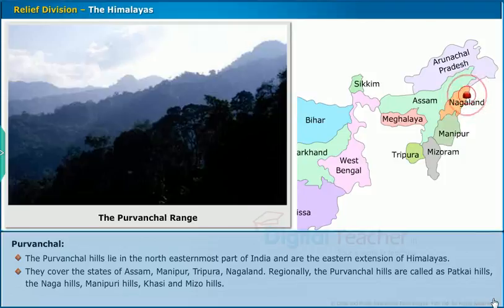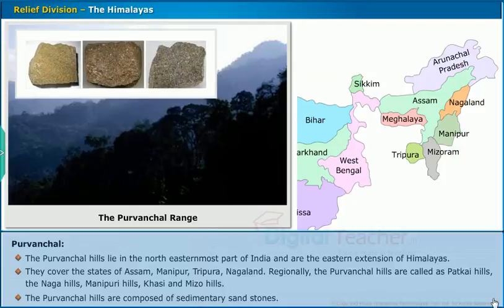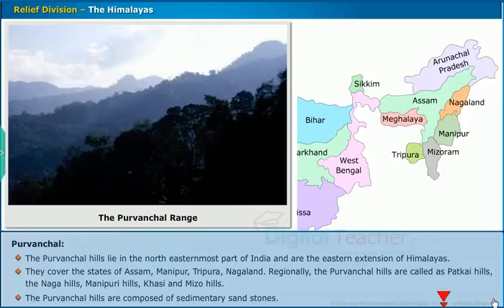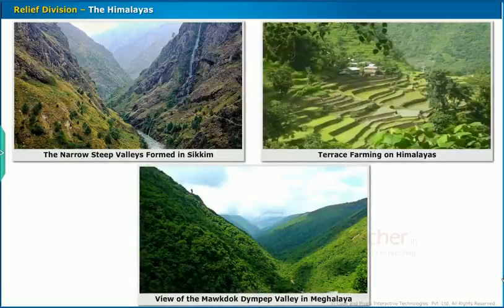Regionally, the Purvanchal Hills are called the Patkai Hills, the Naga Hills, Manipuri Hills, Kasi and Mizo Hills. The Purvanchal Hills are composed of sedimentary sandstones. The various views of the Himalayas are shown on screen.